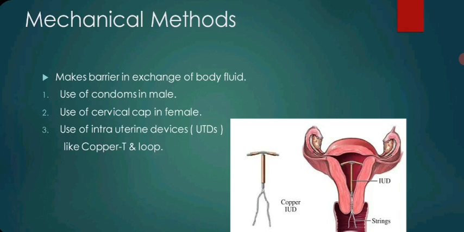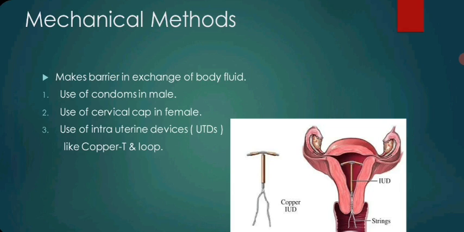And in females, the cervical cap is used. The cervical cap makes a barrier between two persons so that the body fluids cannot be exchanged. Another is the use of intrauterine devices, also called IUDs. In females, IUDs are used for the prevention of pregnancy. For example, women use copper T and loop.